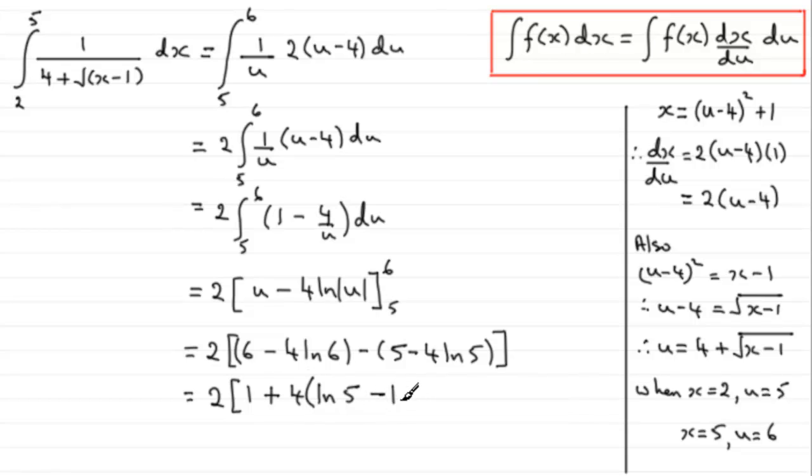And when you're subtracting logs, this will be the same as the natural log of 5 over 6. So we can finish then with the exact value as 2 multiplied by 1 plus 4 times the natural log of 5/6. And there's your exact value.